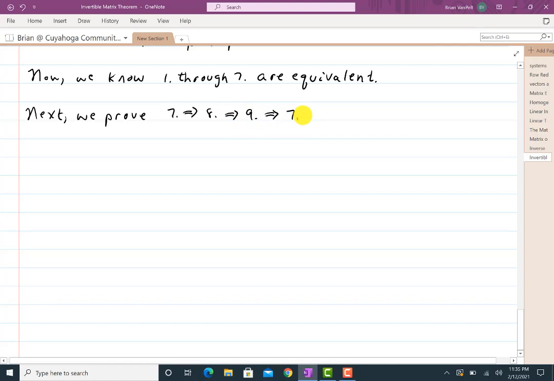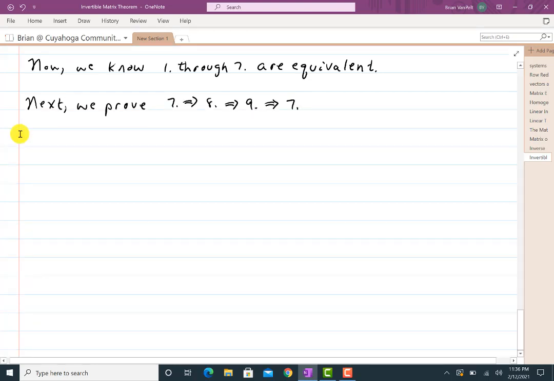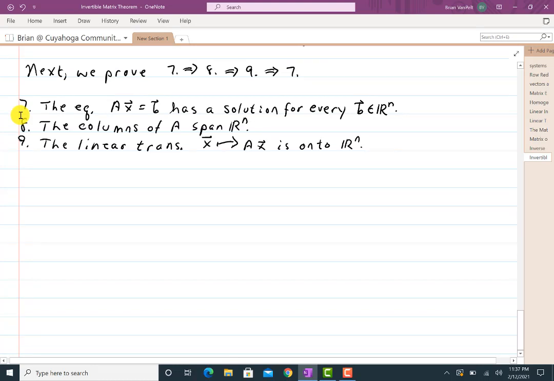This will show 7, 8, and 9 are equivalent to each other, which, since 7 is equivalent to 1 through 6, means I'll have 1 through 9 all taken care of. So let me bring back 7, 8, and 9 so that we know what we're working with. Okay, there we have it. Let's go ahead and start.